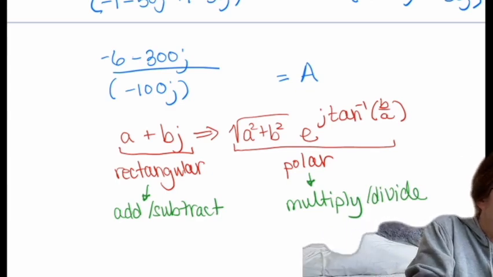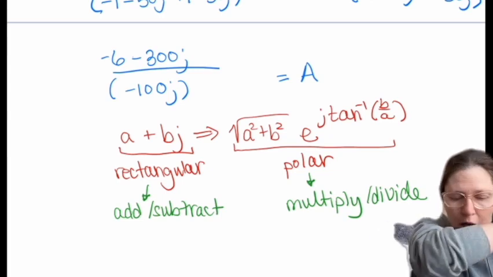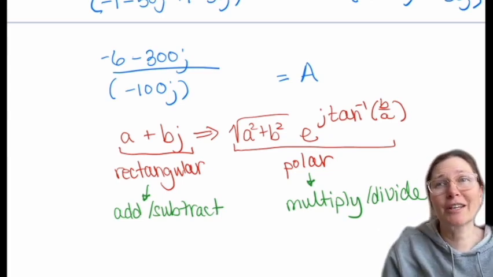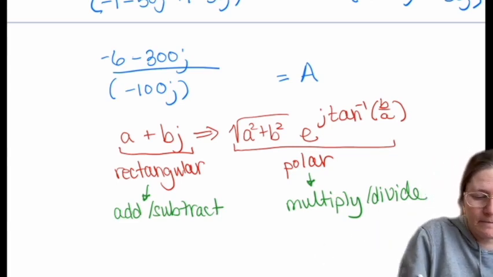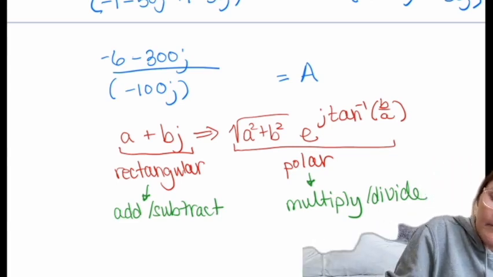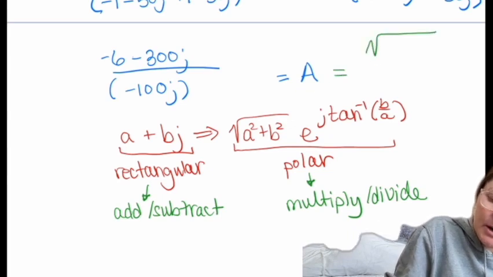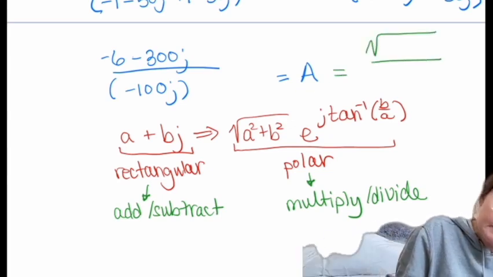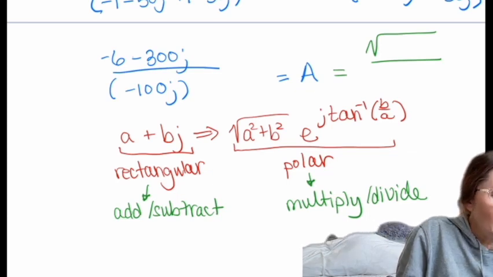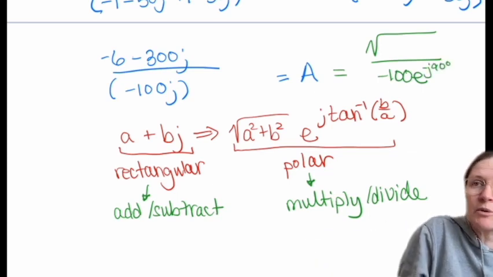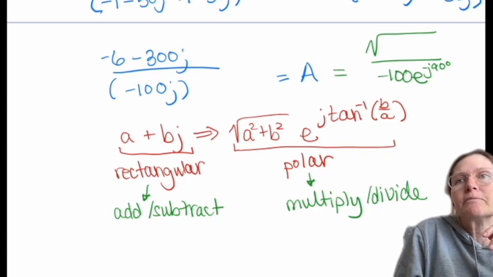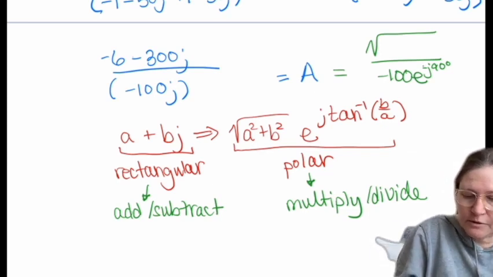So in this case, you can use an online calculator to find this, or you can do them on the top and the bottom. So on the bottom will be minus 100 e to the minus j90. And j, remember, is just 90 degrees. Oh wait, plus, this would be a plus j90.